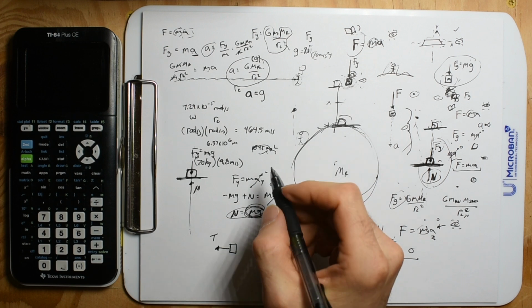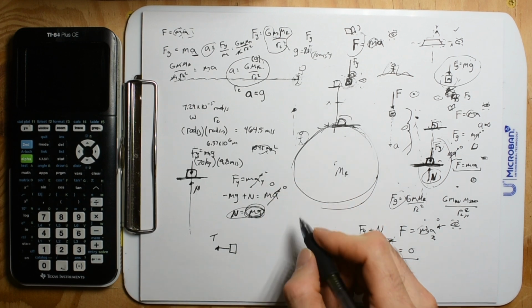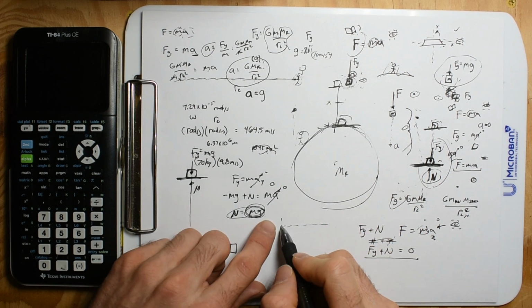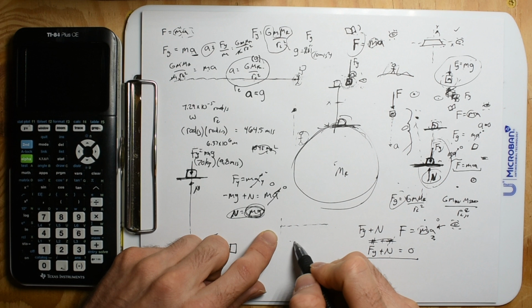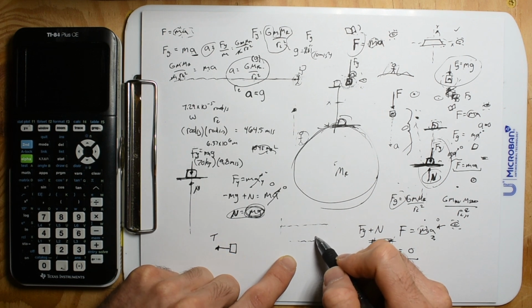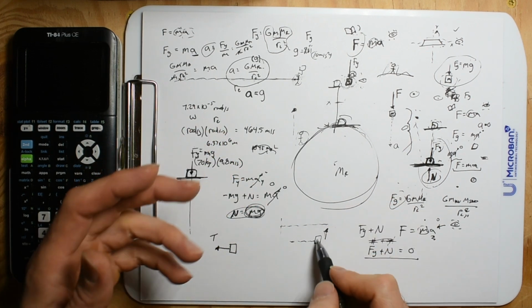I guess, if this end of the string isn't attached and it's just a kind of short string, and then you grab it and you're going this way, well, maybe there's not any tension. I don't know.